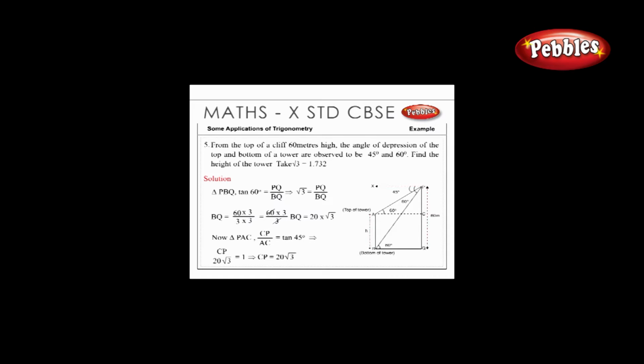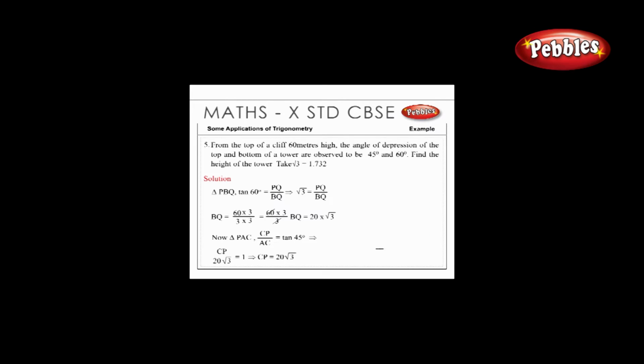In triangle PBQ, tan 60 degree is equal to PQ by BQ, implies root 3 is equal to 60 by BQ, implies BQ is equal to 20 into root 3.